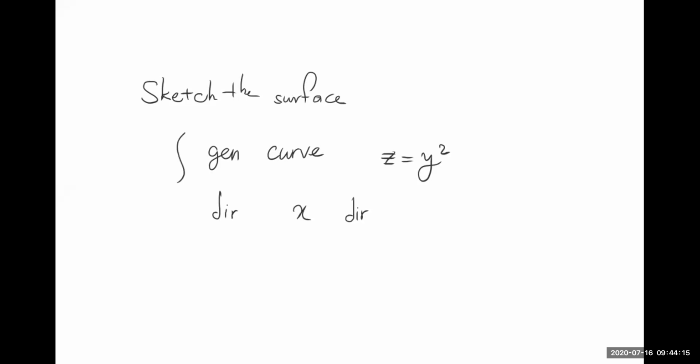Okay, sketch it, and then I will allow you to share it. Let's see if you can sketch this one or not. So spend a few minutes to sketch this one, and then you will be able to share it with others.